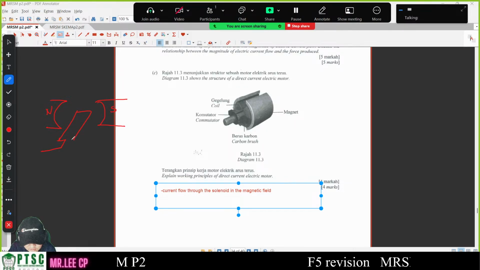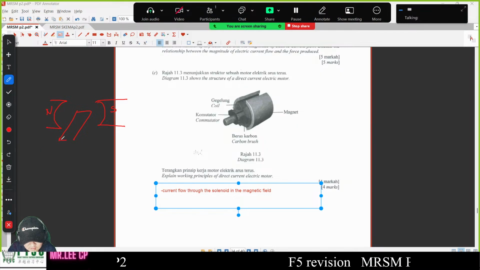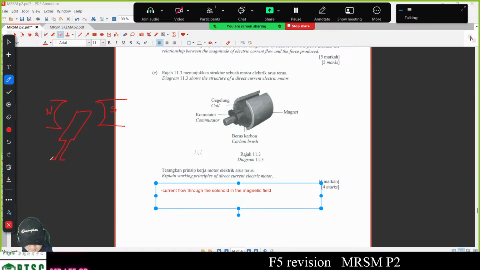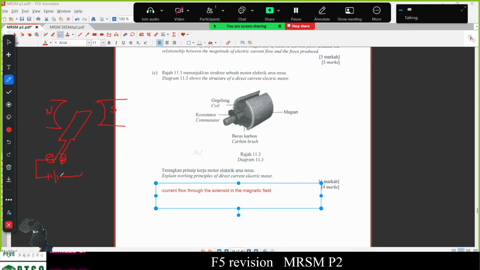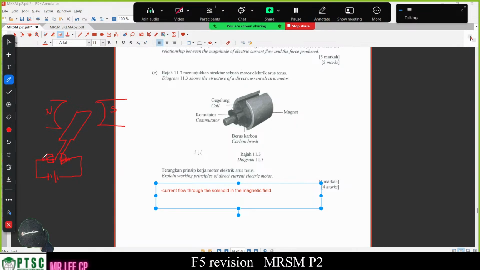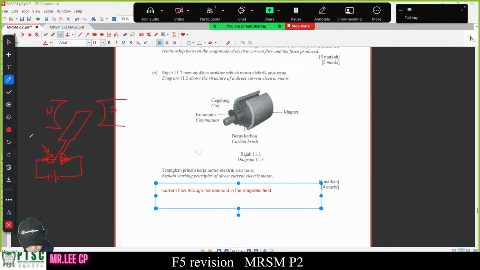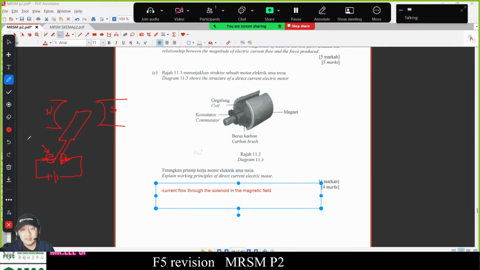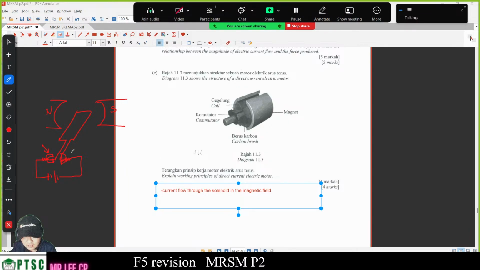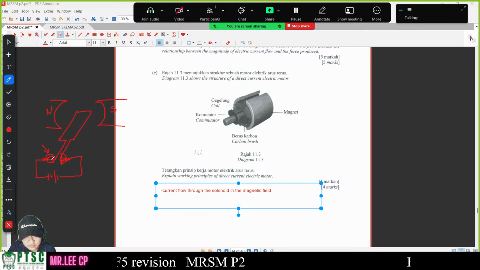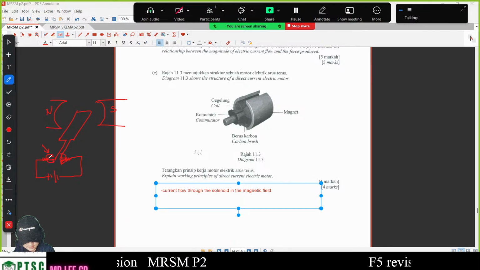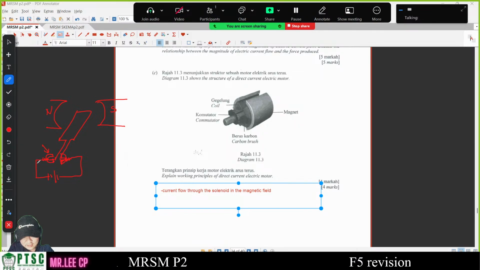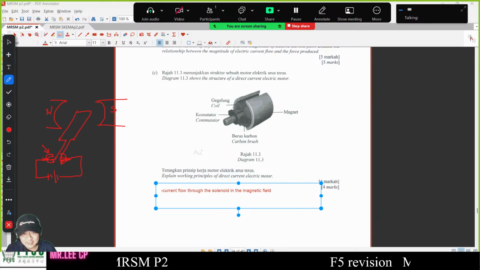So this is your carbon brush, and then connect it to here, direct current. Right, commutator. This is the commutator. All right, so the current flows through the solenoid. We need to mention the commutator or not, or I put it in letter. Put it in letter.